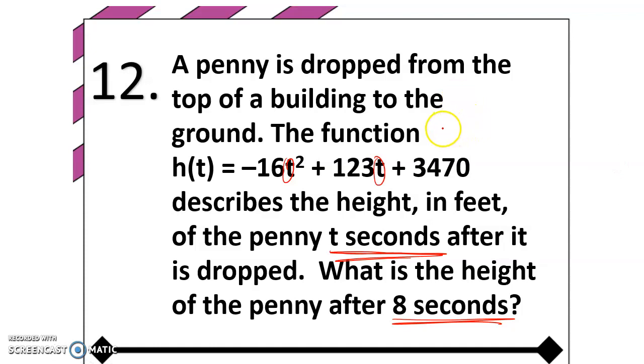I'm saying I have h of 8 equals -16t squared plus 123t plus 3,470. So I can put it all in my calculator at once, which is what I'm doing, even though you guys can't see me. I'm using the Desmos test mode calculator.